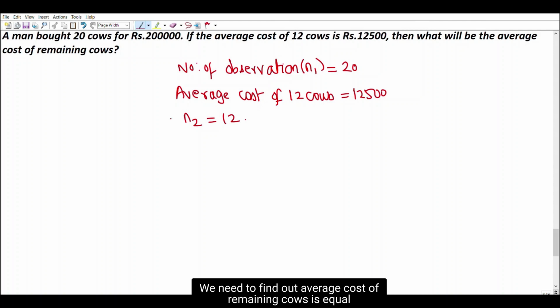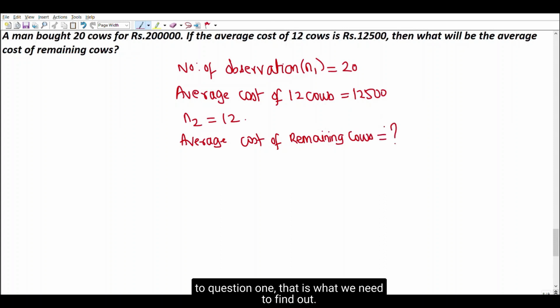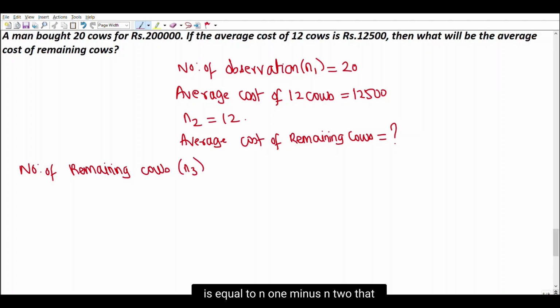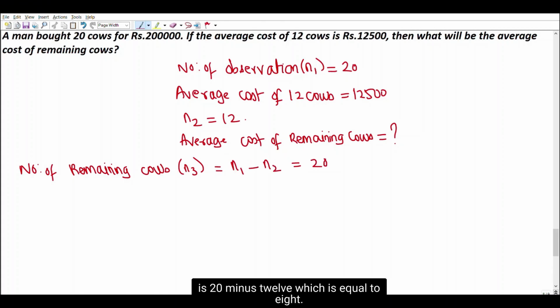We need to find out the average cost of remaining cows, which is equal to question mark. That is what we need to find out. We know that the number of remaining cows n3 is equal to n1 minus n2, that is 20 minus 12, which is equal to 8.